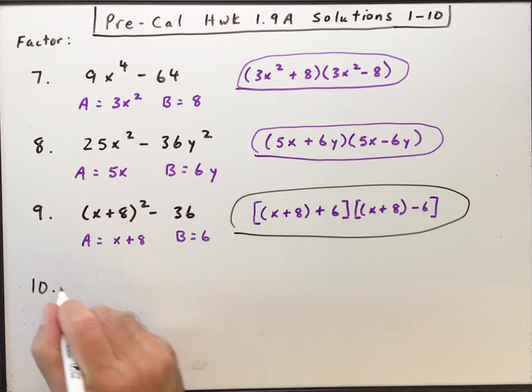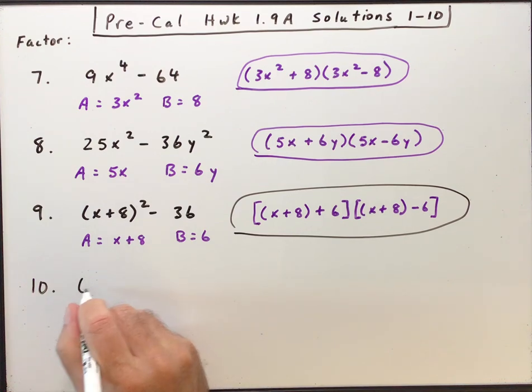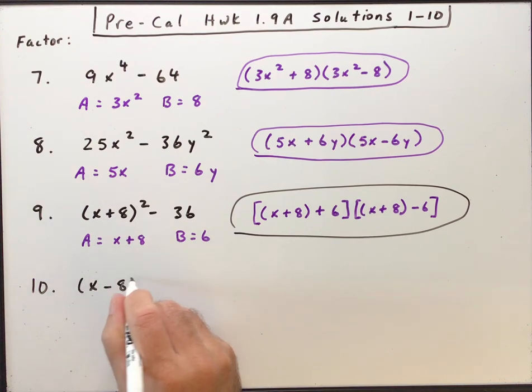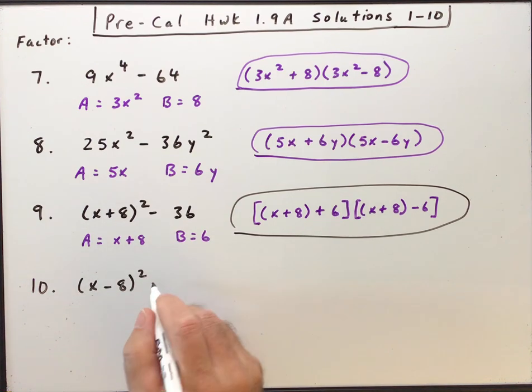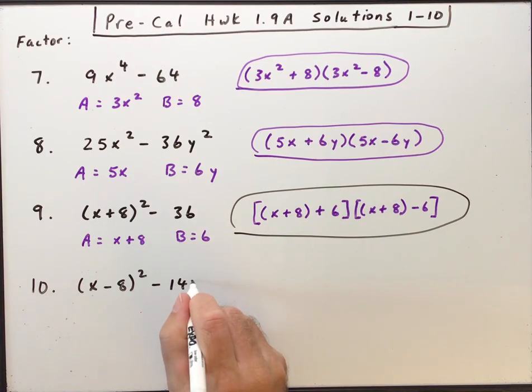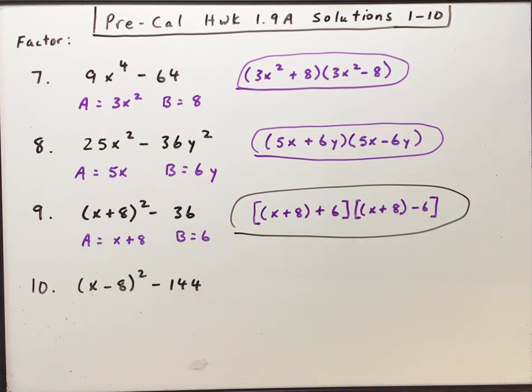And then finally, number 10, we have x minus 8 all squared minus 144. Well, hopefully you remember, or you can check it in your calculator. The x minus 8 is a quantity squared, so if we take square root of that, we just get the quantity.